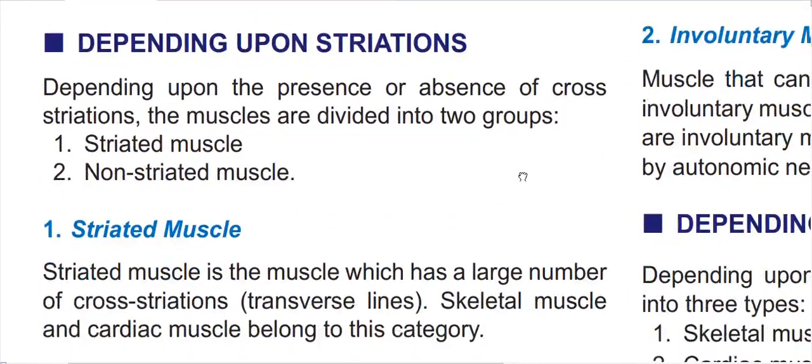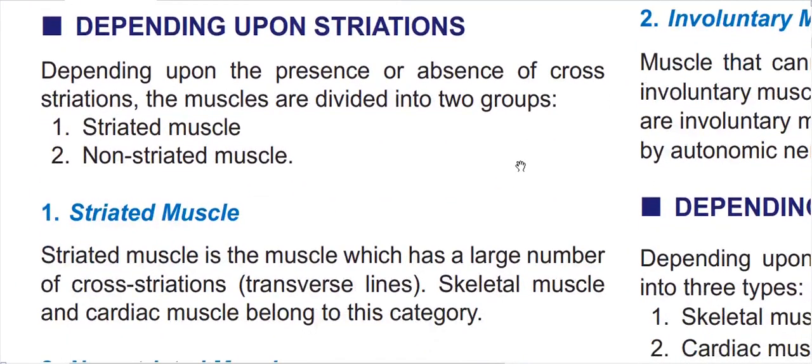So let's first talk about striations. Depending on striations, muscles are of two types: striated muscle and non-striated muscle. Striated muscles are muscles which have a large number of cross striations. Striations are the transverse lines, or strips, you can say.